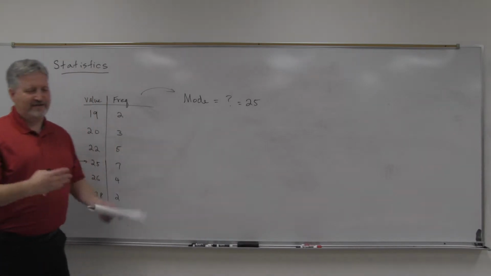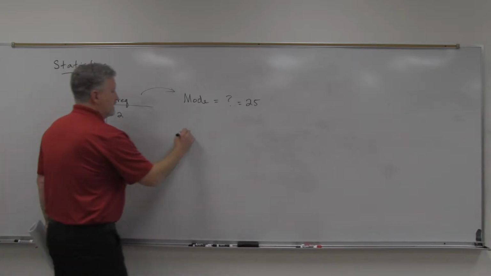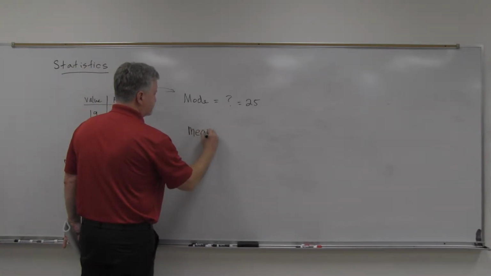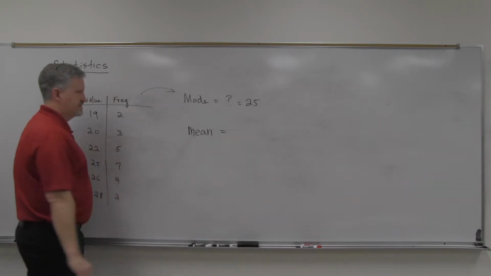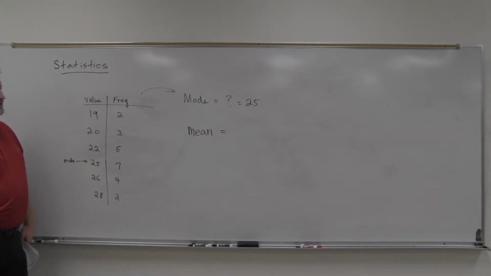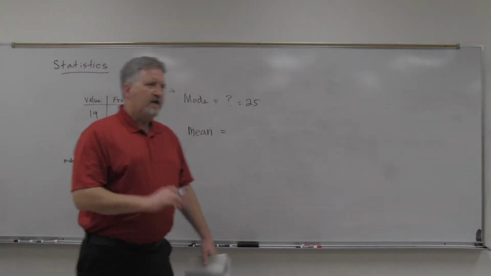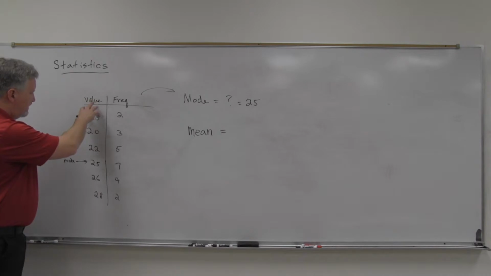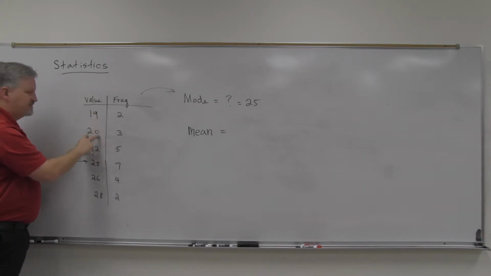Now, the other 2 things can get a little more complicated, so let's talk about that. Let's talk about the mean of this frequency distribution right here. Unfortunately, I can't just add up these values because that would say I've got 1 of each of these.